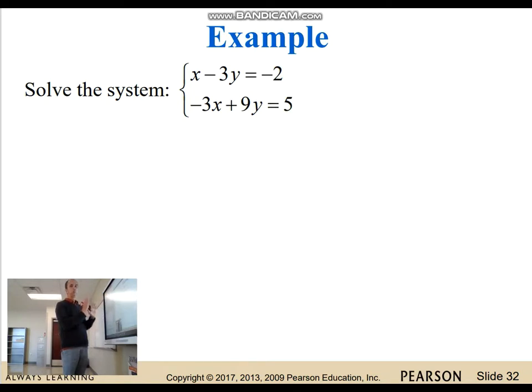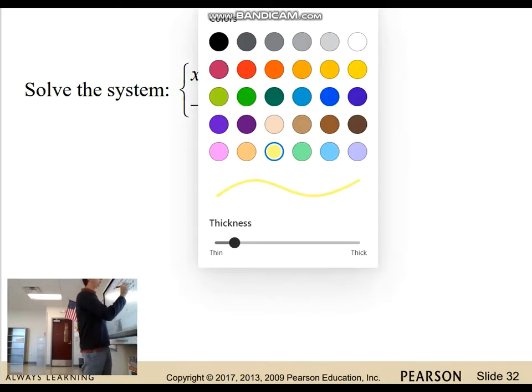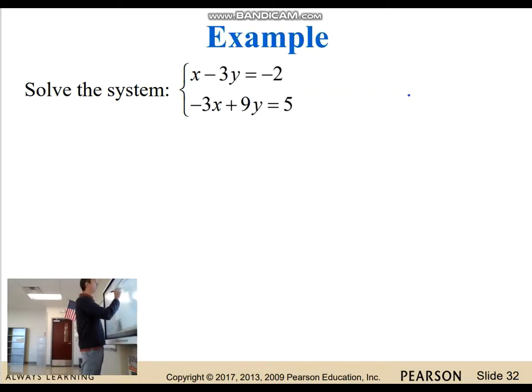So we need to multiply one of the equations by a number to make it possible that after we add the equations we can eliminate one of the variables. And I think we can multiply the first one by 3.